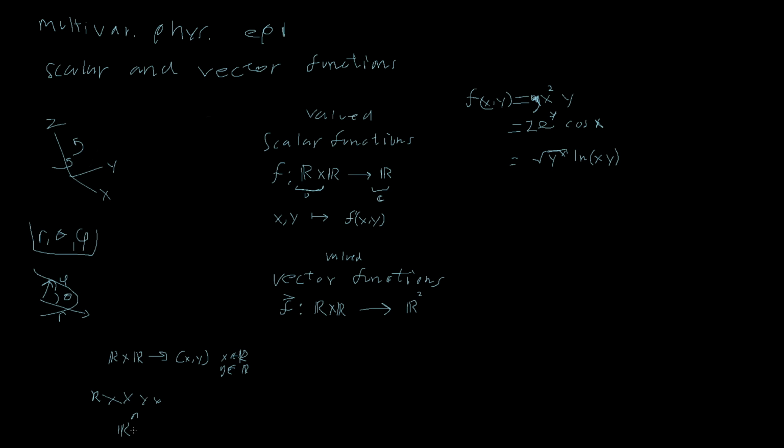If you're familiar with linear spaces, this is the Euclidean vector space. I'm running out of space, but basically this takes one vector of inputs and gives one vector out. So it takes an x and y, and then it spits out a vector, f of 2, f of 1, x, y.